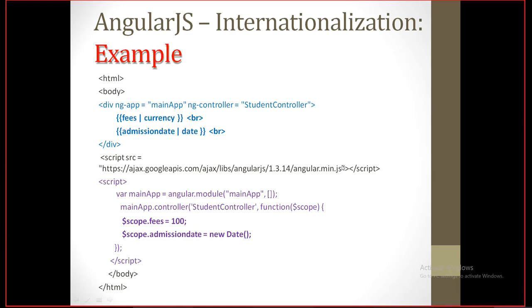Understood? Now here you can see we have included the normal Angular framework with no specific name of locale. So wherever the browser is being used, depending upon the region, this currency and date format will be used.